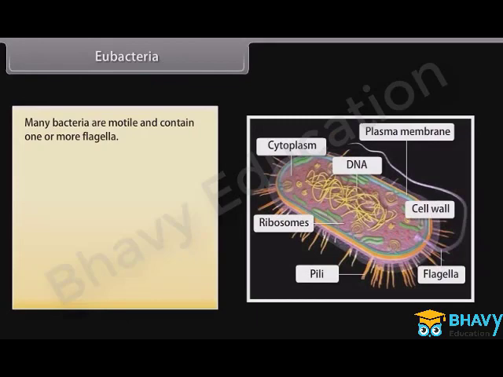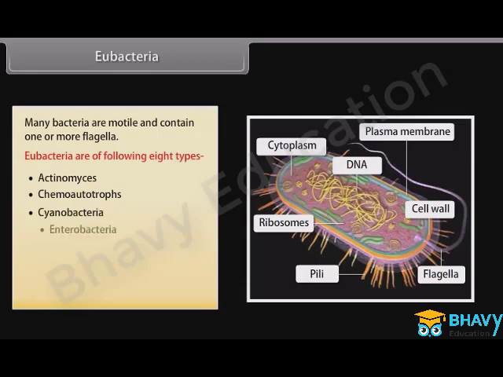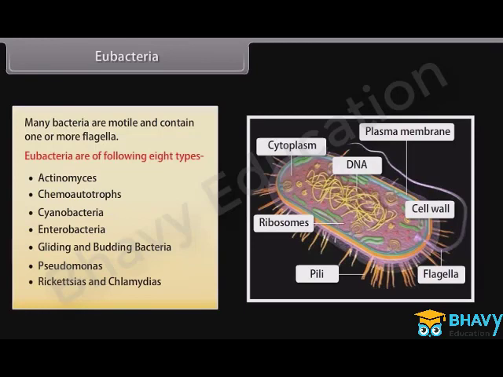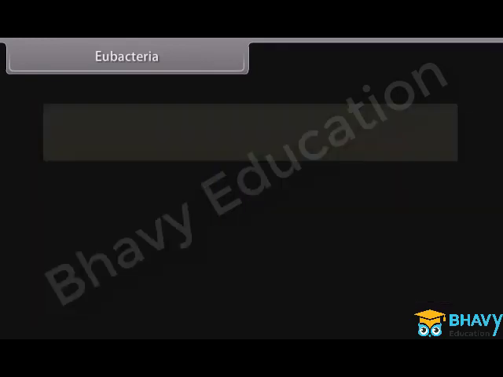Many bacteria are motile and contain one or more flagella. Eubacteria are of the following 8 types: Actinomyces, chemoautotrophs, cyanobacteria, enterobacteria, gliding and budding bacteria, Pseudomonas, Rickettsias and Chlamydias, spirochetes.